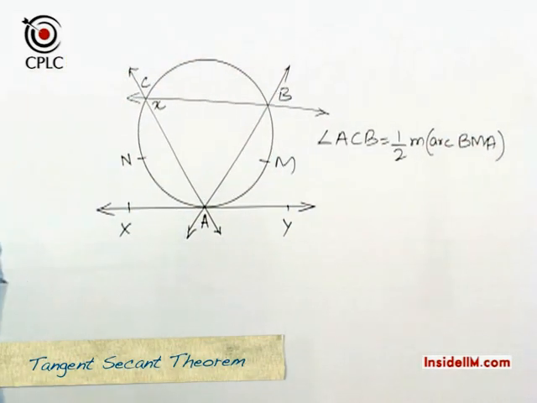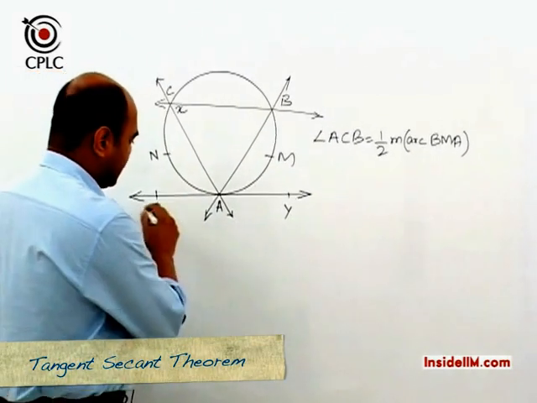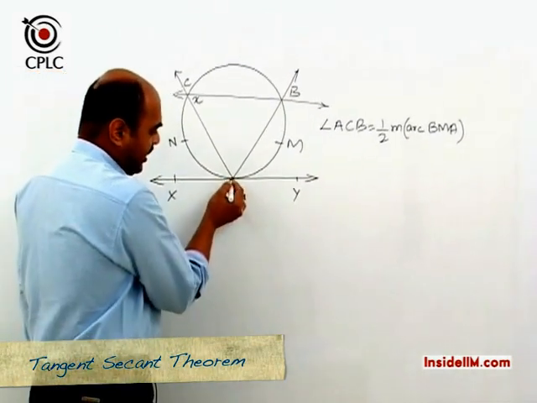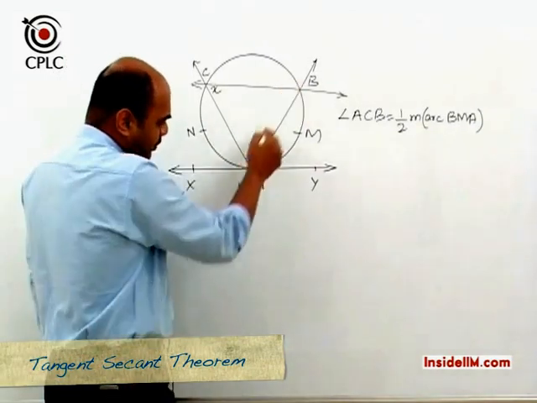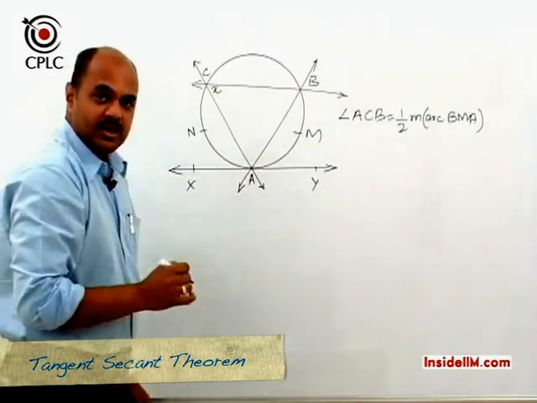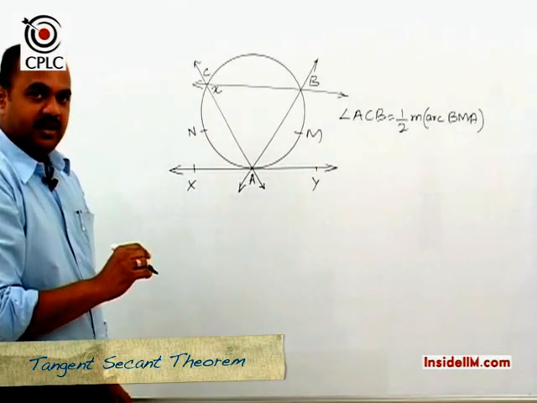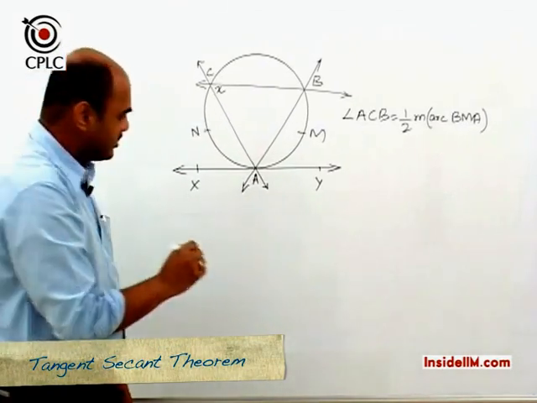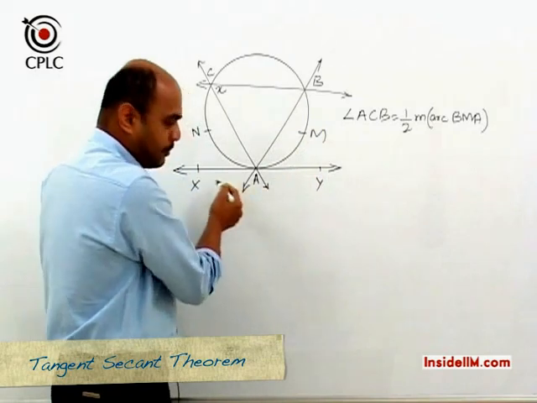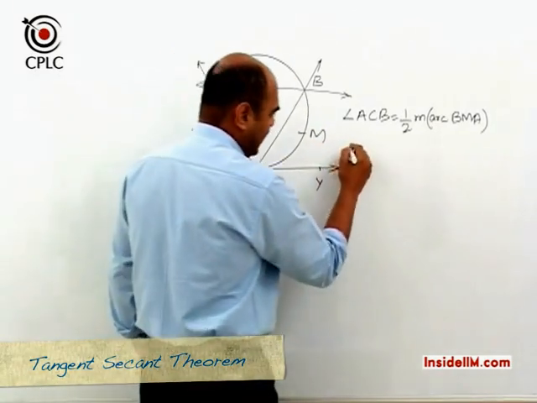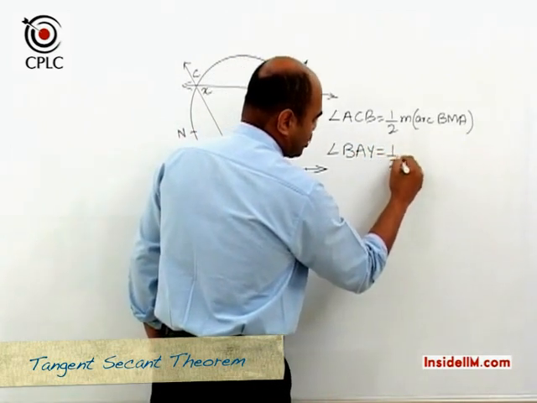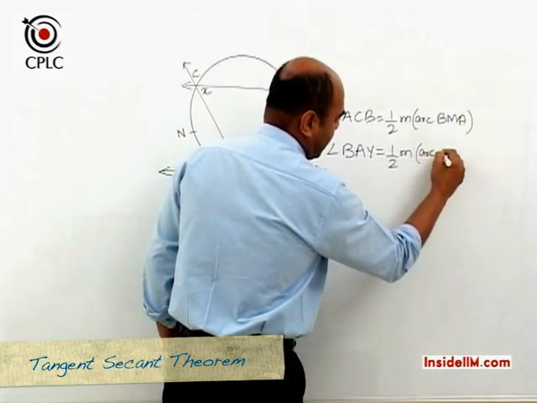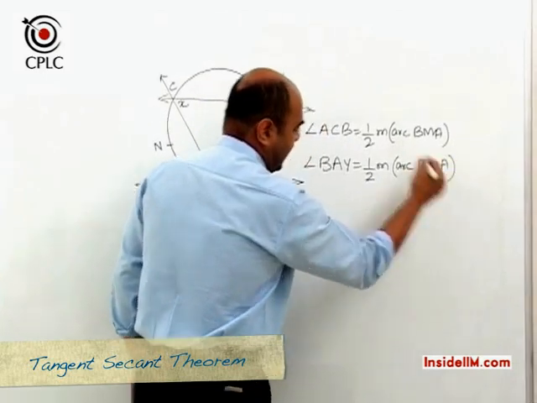Now if we look at this diagram carefully, because the tangent touches the circle in exactly one point A, angle BAY is also the angle subtended on the circumference by the same arc BMA, and hence angle BAY would also be half the measure of arc BMA.